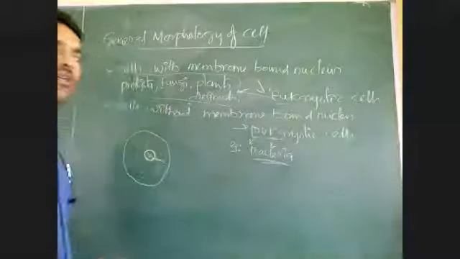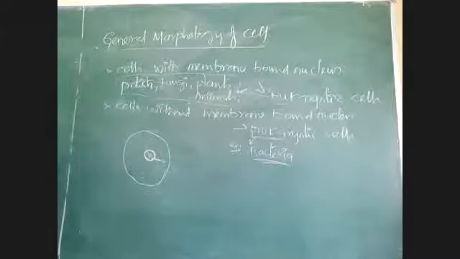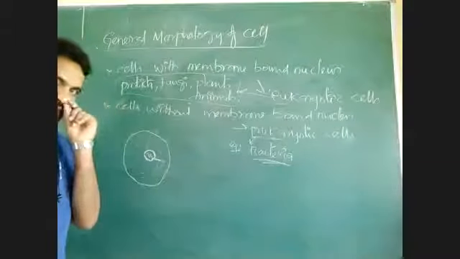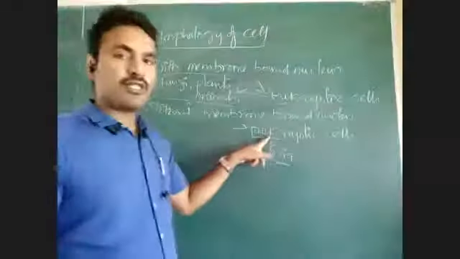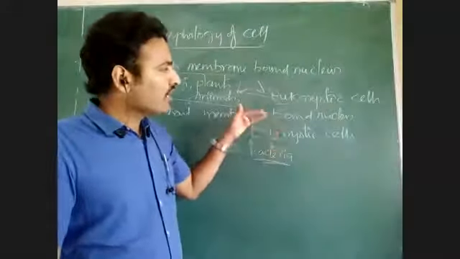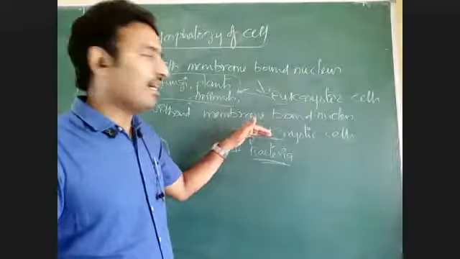Usually, what is the importance of the nucleus? In lower standards you might have studied that the nucleus carries DNA or RNA, that is, genetic information. See, here the nucleus is absent. That means where is the DNA present? Instead of the nucleus, there is another structure called the nucleoid.